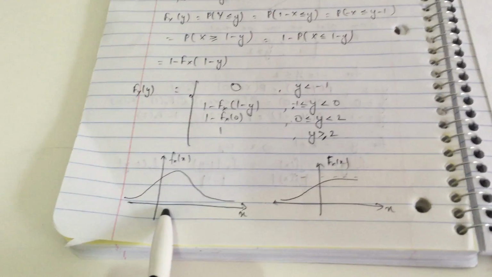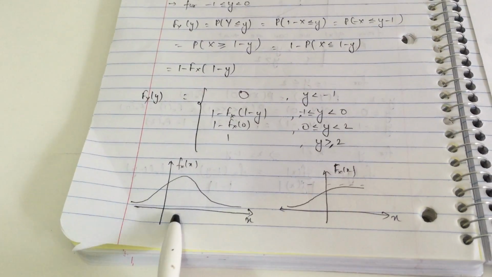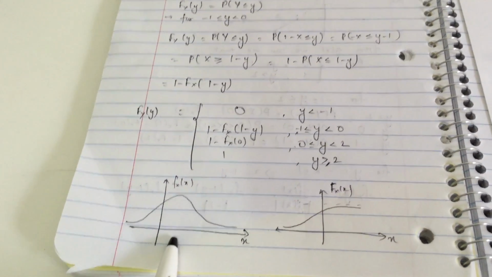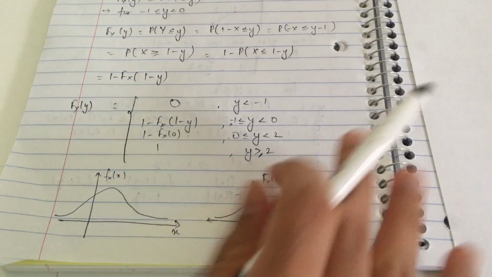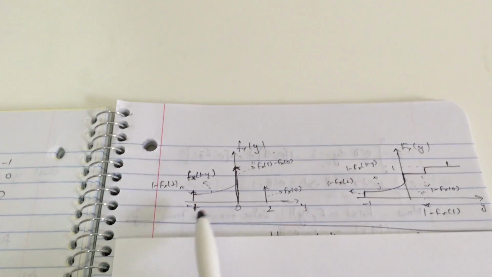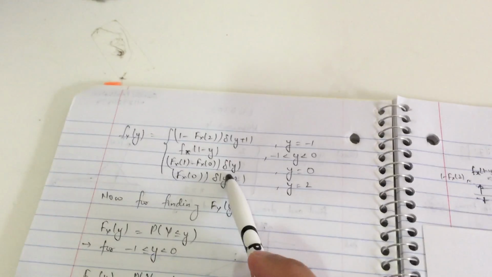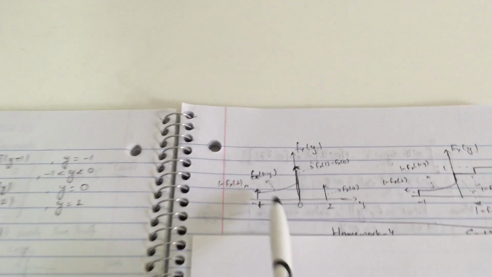So this is the plot of the probability density function of x that was already given in the question, and the probability distribution function, capital Fx. Now plotting this, we can clearly see from fy that fy of y at minus 1 is 1 minus Fx of 2.